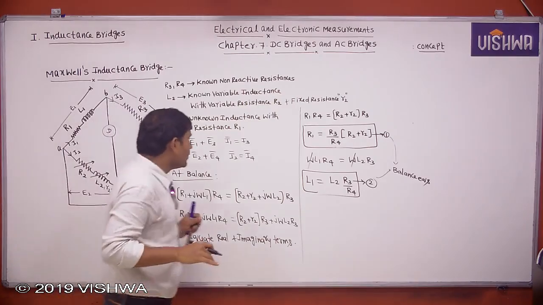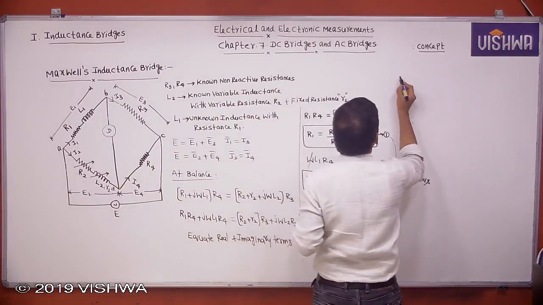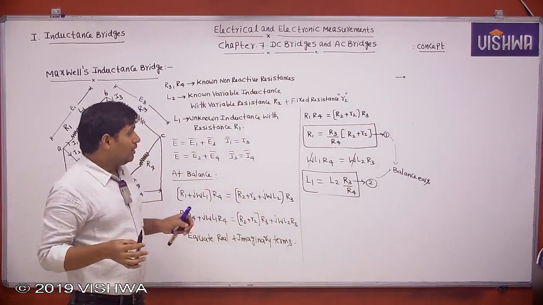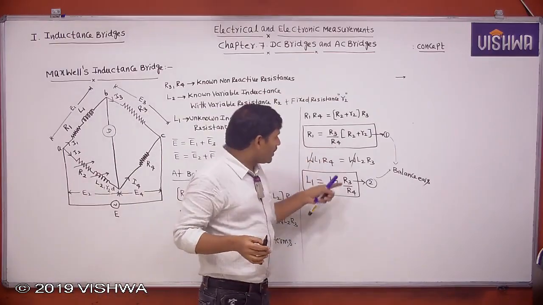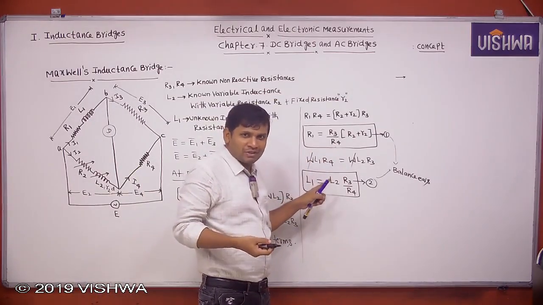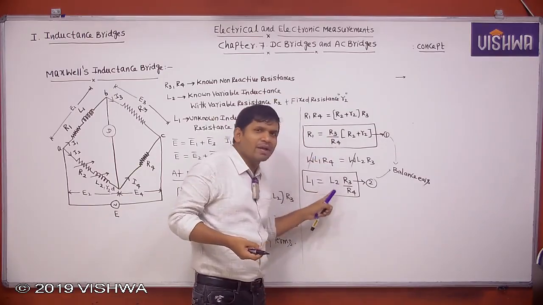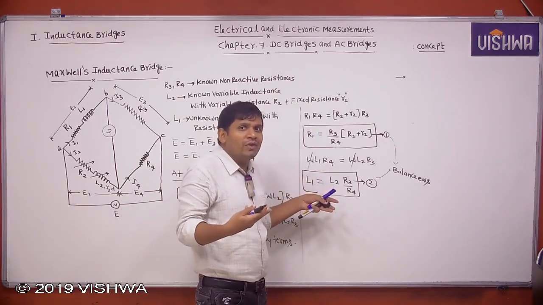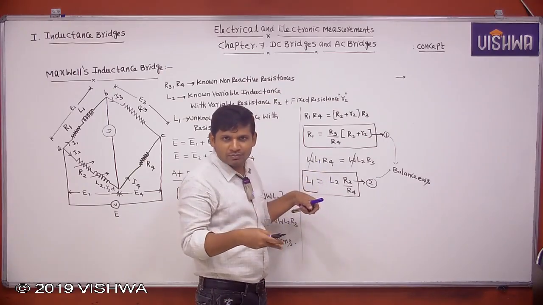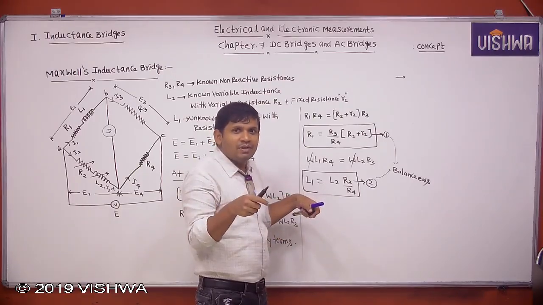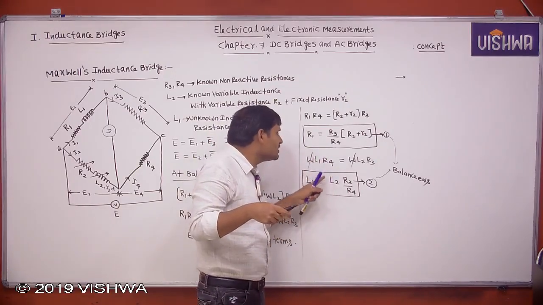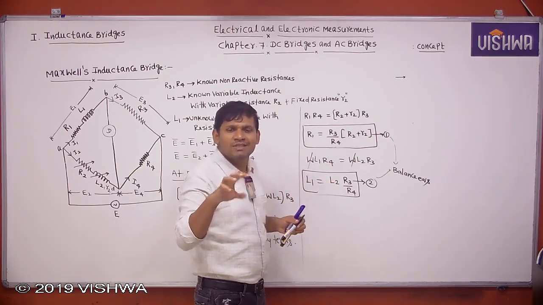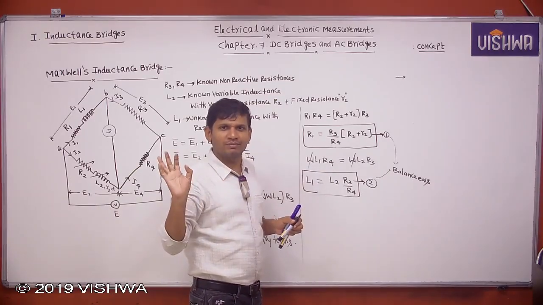Now listen please. I want to list out some points. This is very important. Whatever balance equations we are getting, is there any frequency term in them, for example in Maxwell's inductance bridge? No. But in some bridges, the balance equations can have a frequency term also. If the balance equations do not consist of any frequency term, then the balance equations are simple and it is easy to get the balance condition.